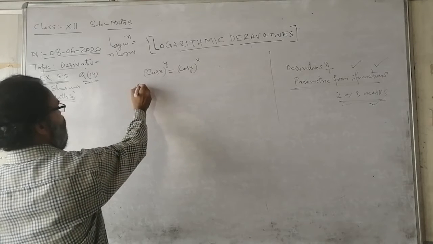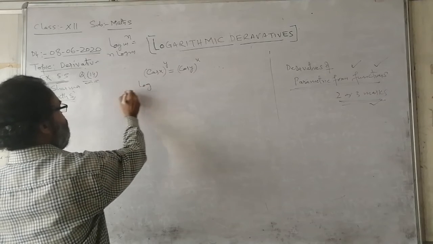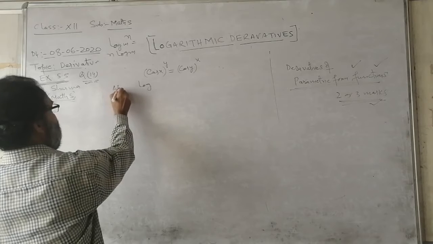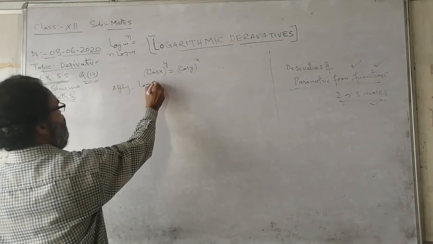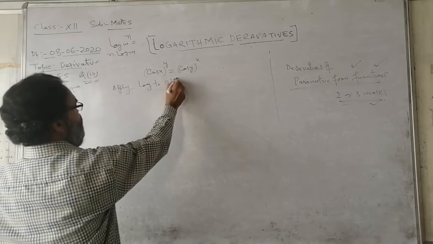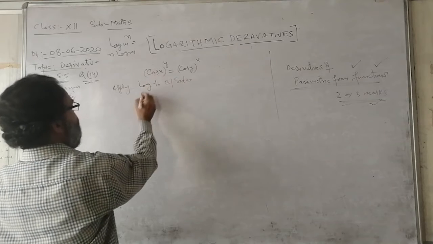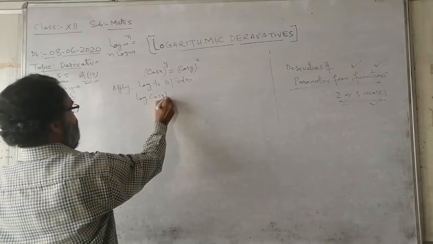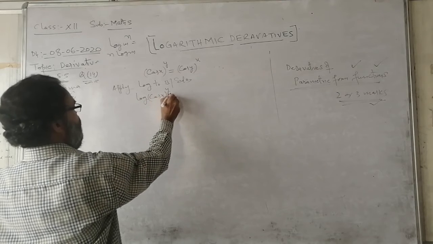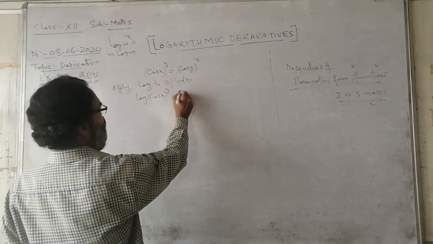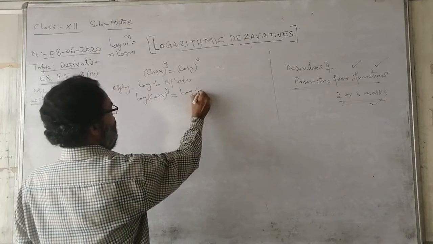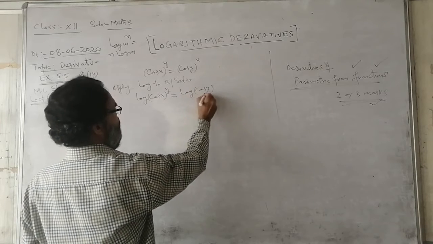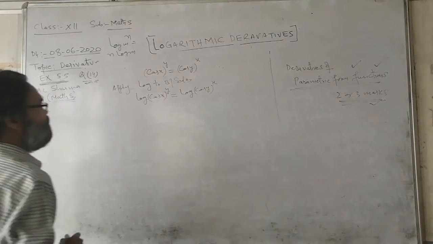So apply log on both sides. So log of cos x raised to power y equals log of cos y raised to power x.